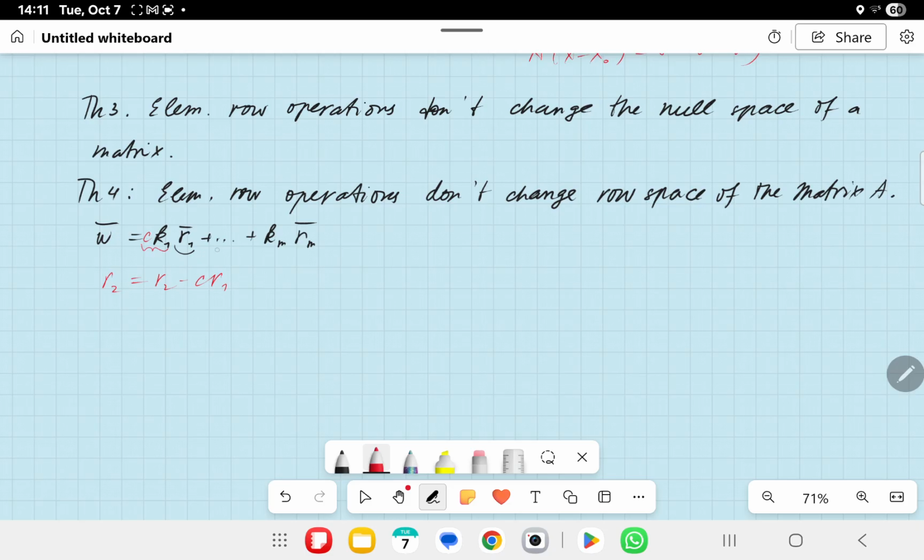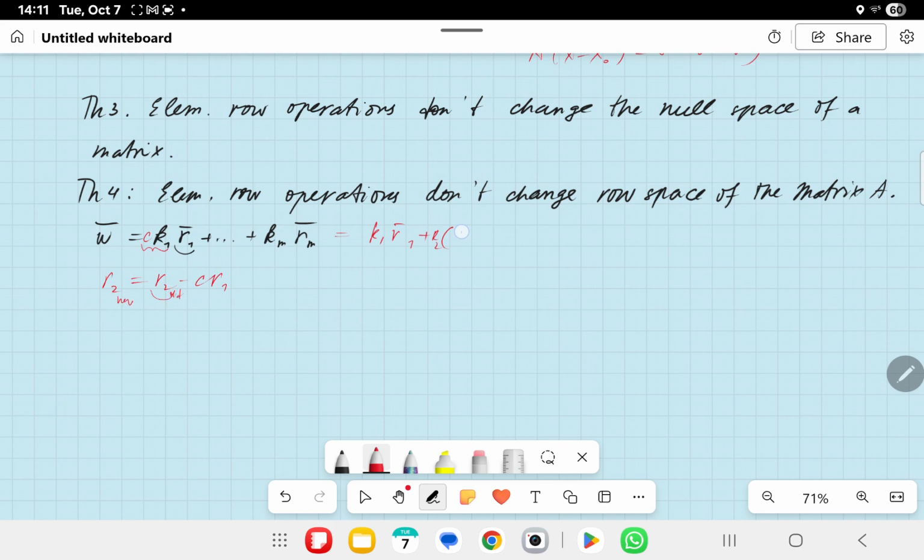What is going to happen to the linear combination? Well, we are going to have K1 row number 1, plus K2, and instead of row number 2, we are going to have, if you express this, this is the old row number 2, this is new, right?